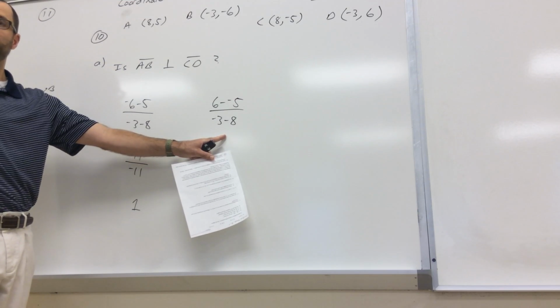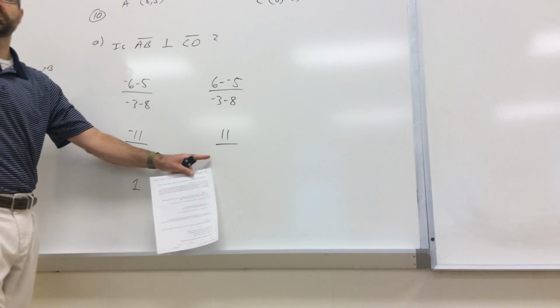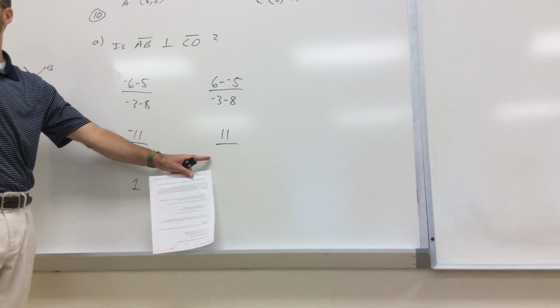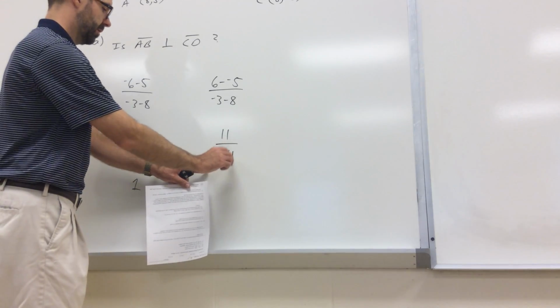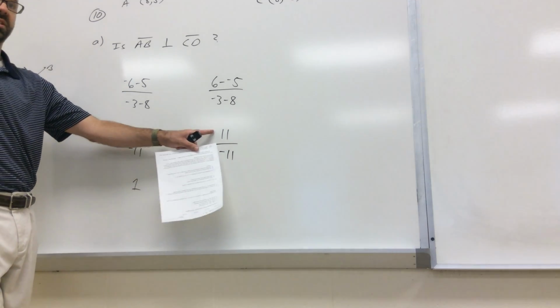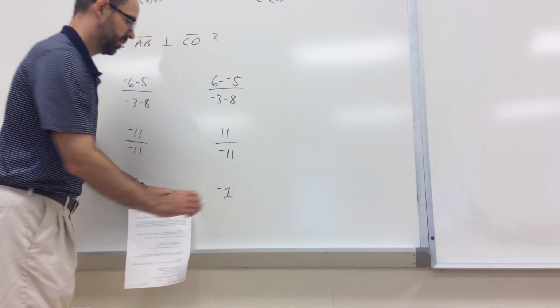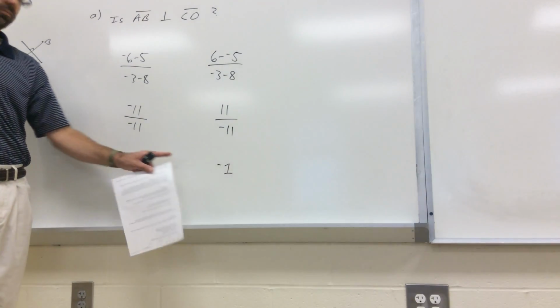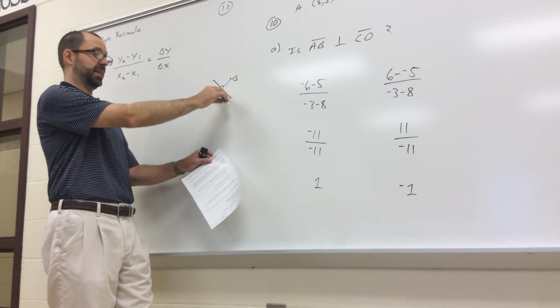Six minus -5 is 11. -3 minus 8 is -11. And then positive 11 divided by -11 is -1. So this line here, its slant is -1.